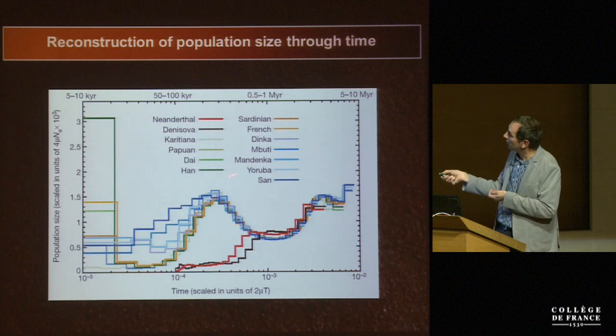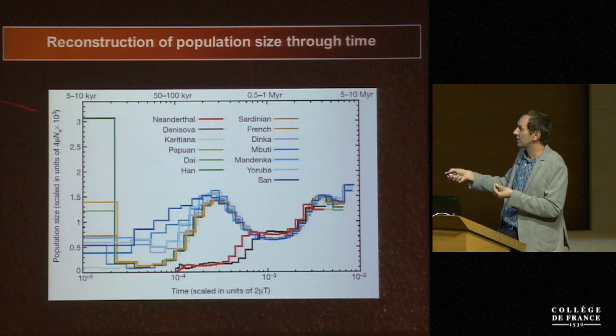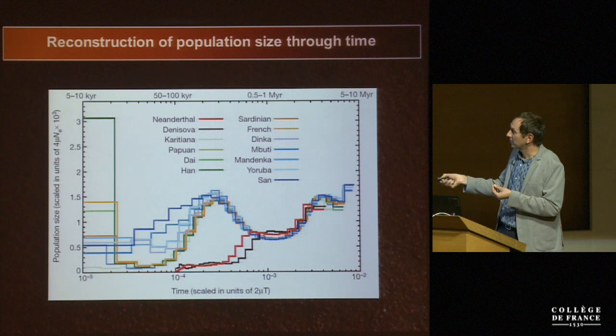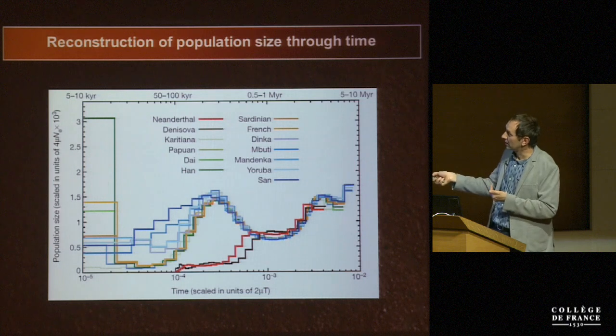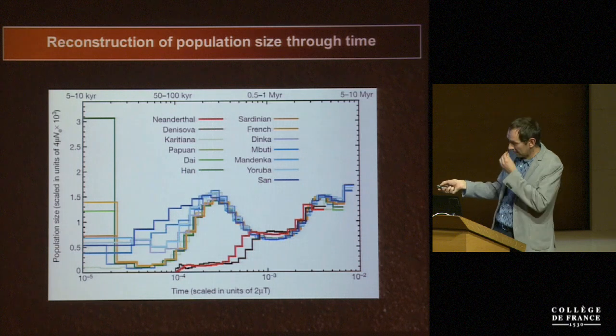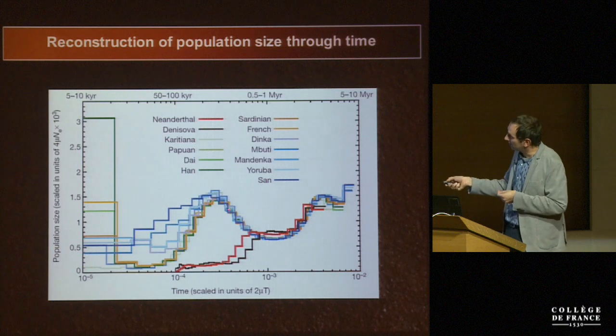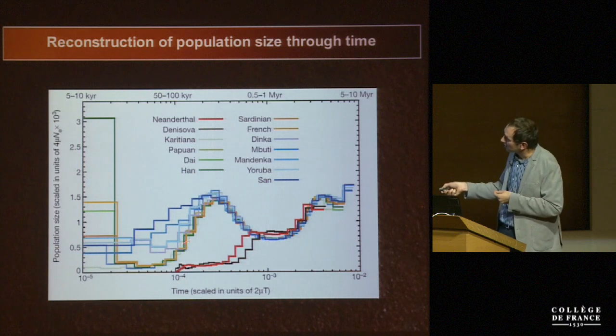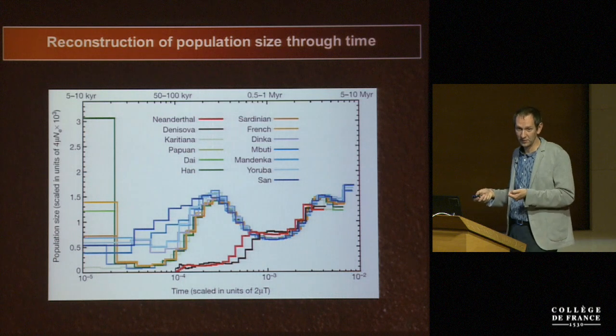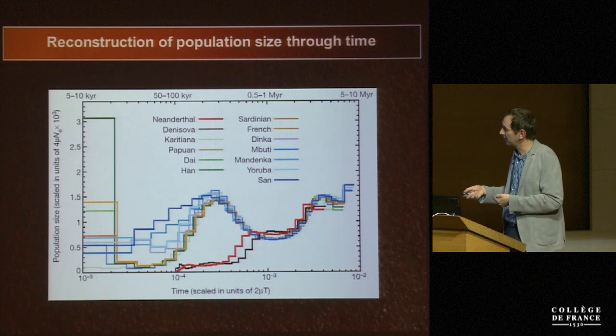You will see at some point the trajectory of the population sizes of all these modern humans becomes more and more similar, suggesting that there was one common ancestor of modern humans here, and then modern humans diversified. Here you also see this bottleneck in populations outside of Africa, coinciding with the out of Africa event, so you can pick this up in the data.